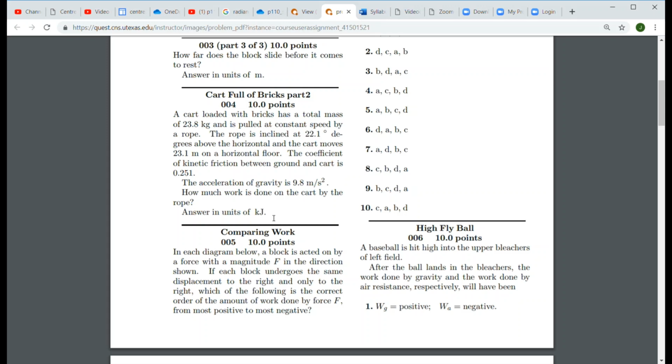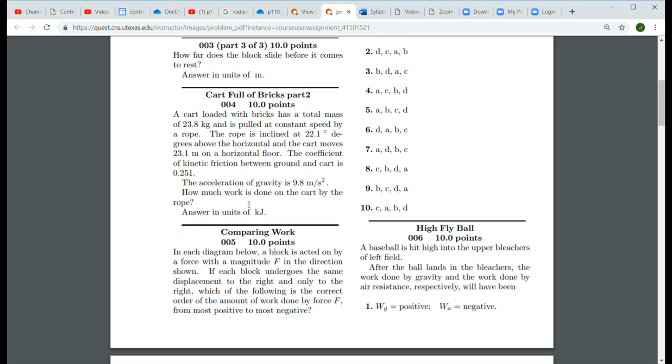And the cart moves along the floor a distance of 23.1 meters. The coefficient of kinetic friction is given, and we're asked how much work is done on the cart by the rope. And I should point out before I forget, it's asking for the answer in kilojoules, so you will be tempted to get the answer in joules. Just divide by 1,000 to put it in kilojoules.